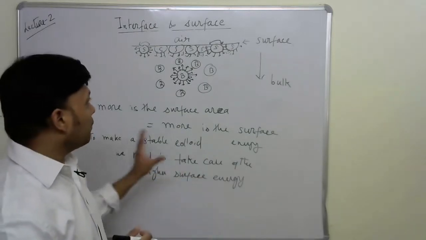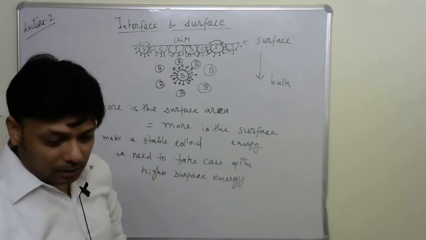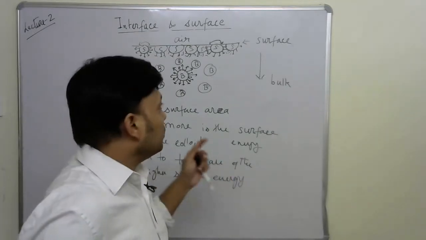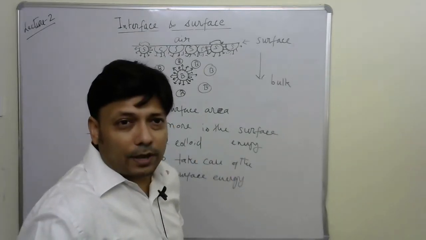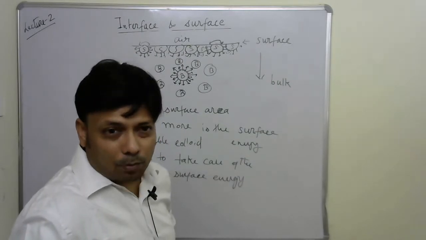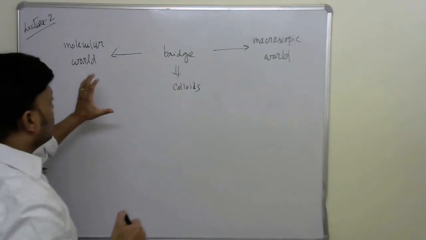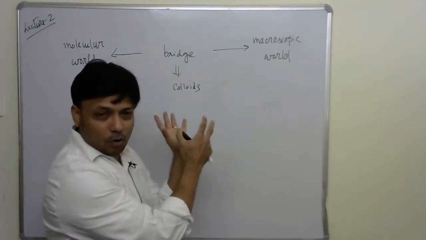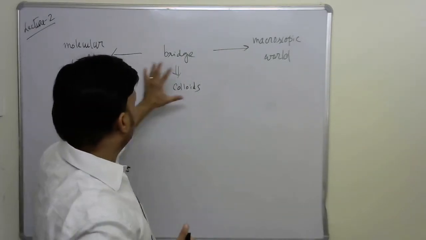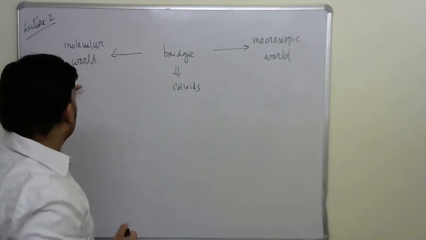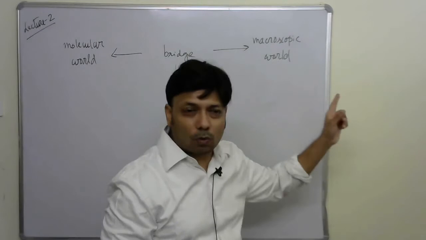Okay, so now we have an idea. So now let's once again simply describe why this colloidal phase or colloidal science is important for us. You see that the colloidal state actually serves as a bridge between the molecular world and the macroscopic world.